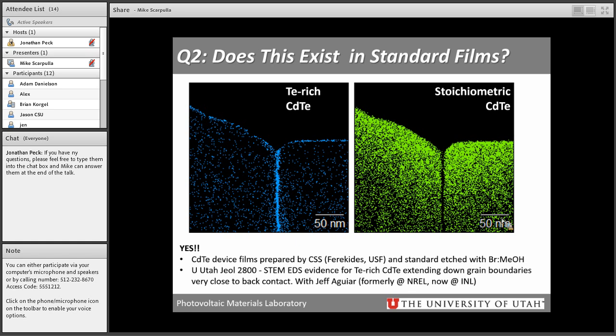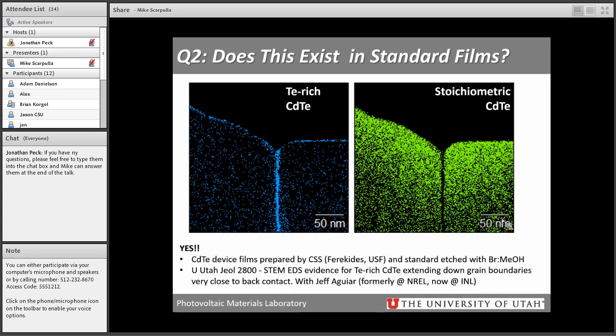The difference that I'd point out is that the bromine methanol clearly etches down the grain boundary over distances of maybe a few hundred nanometers. We've gone back since then, and we have a bunch of images to process that show that the tellurium richness induced by this etching does not penetrate all the way through the thickness. It's only over a certain depth that the grain boundaries become enriched in tellurium.